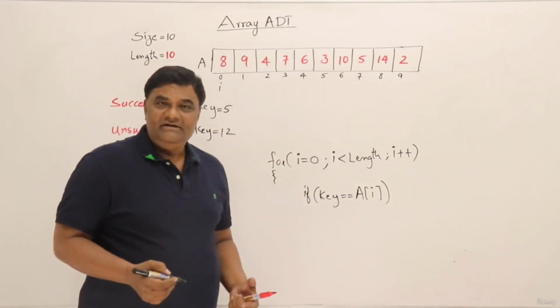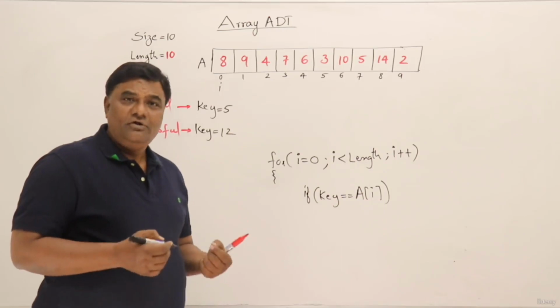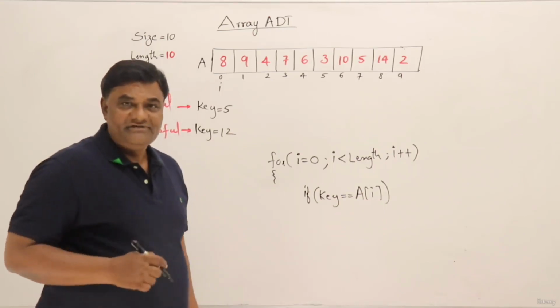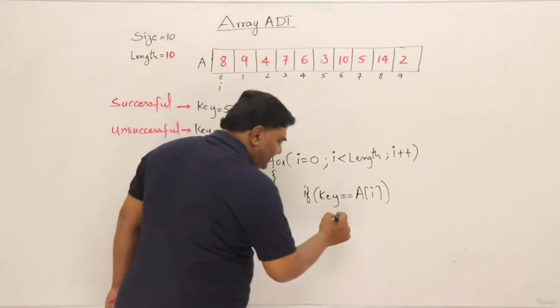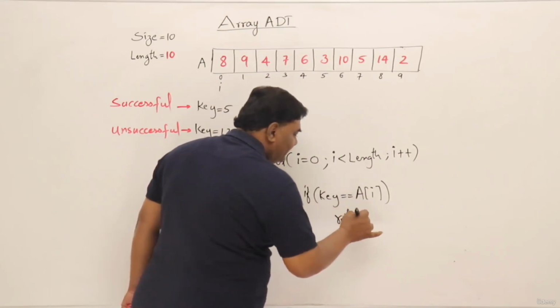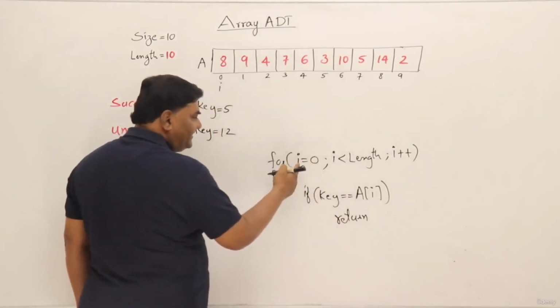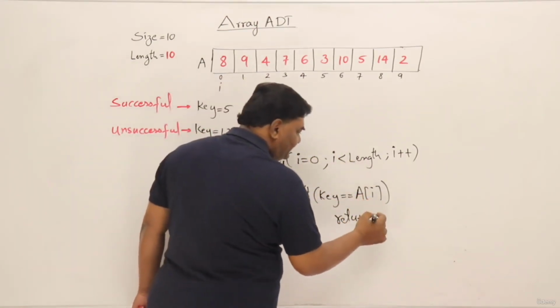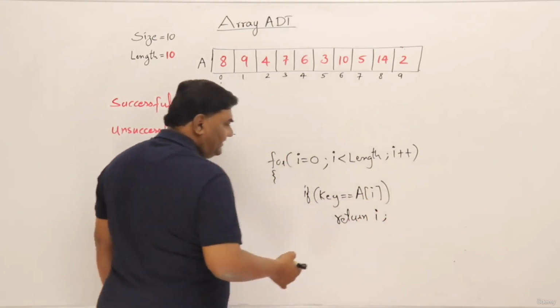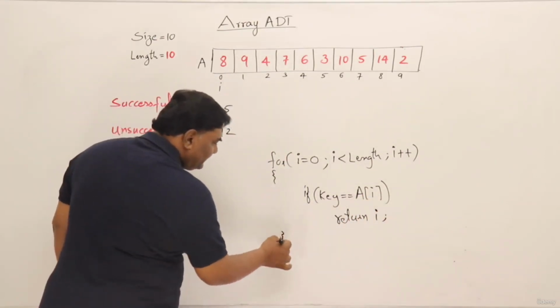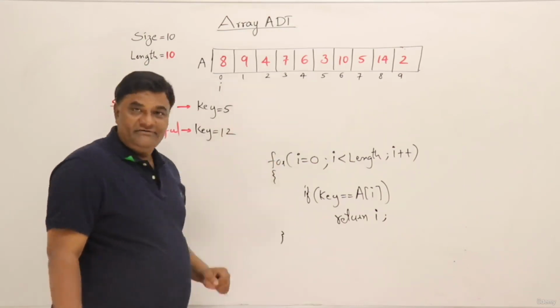So we got the element. So once you got the element, what we want is the index where the element is found. So here we can say return index. So who is giving index? I. So wherever I is present, that is index. Return I. That's all.